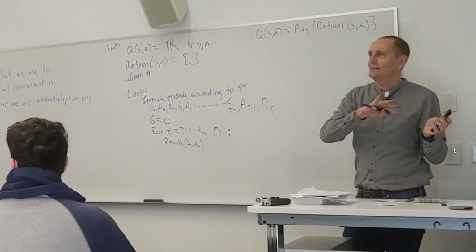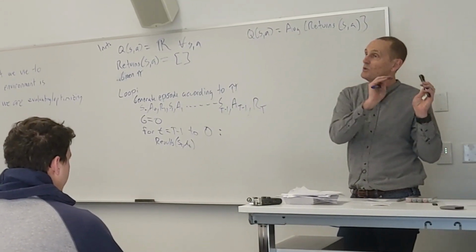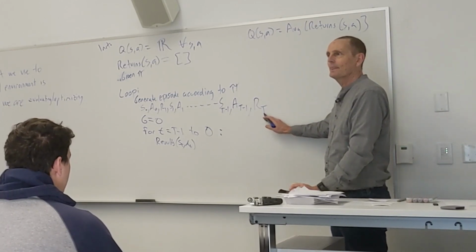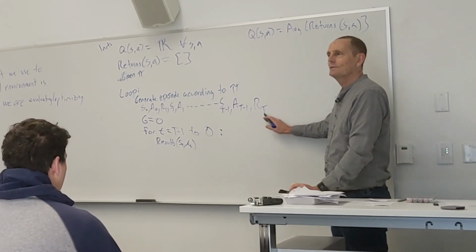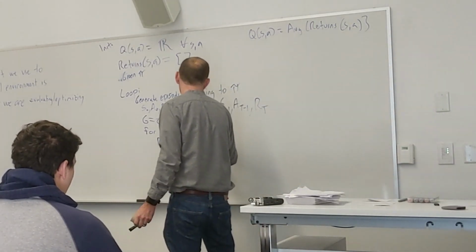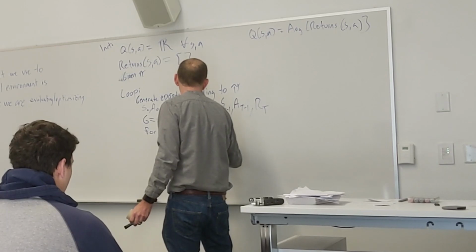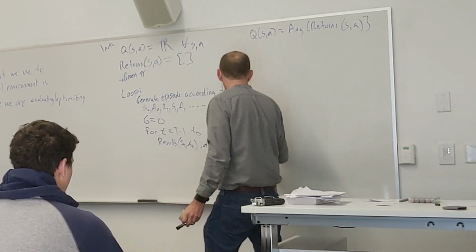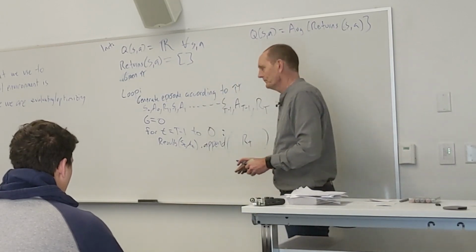Getting into the terminal state, we're allowed to have whatever reward we want. Once we're there, nothing else. This was our last reward. Right, so RT. Let's just say append that RT. So I agree with you, we want an RT in there.